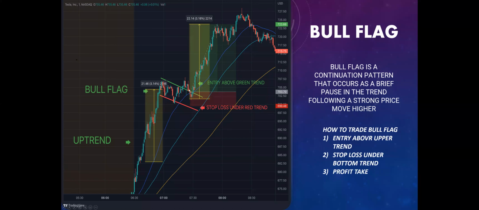All right, so for entries, they should always be above the trend, with the stop loss below the downtrend. I also use it on all time frames. In my examples, you will see different time frames. Like this one, I use it on the 1 minute time frame, or maybe the 2 minute time frame.